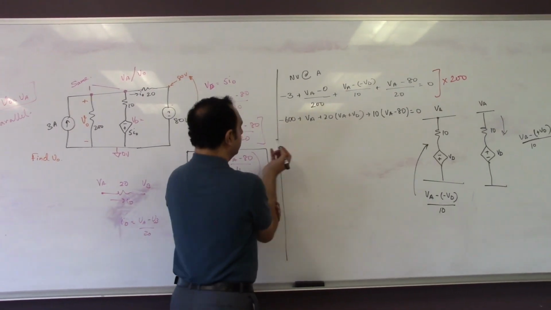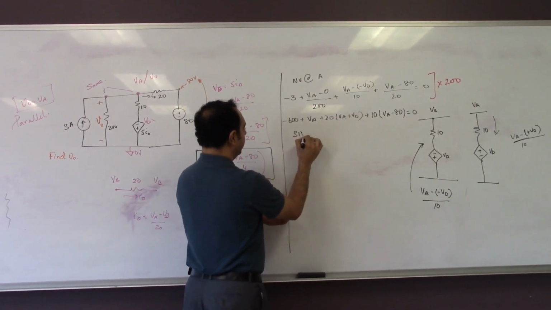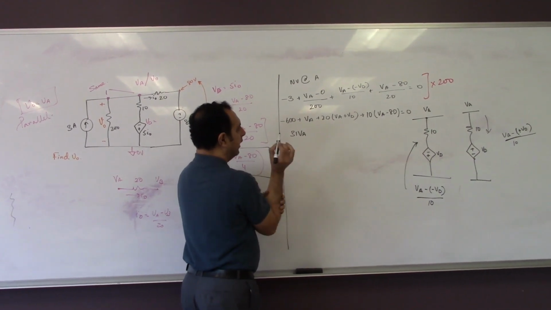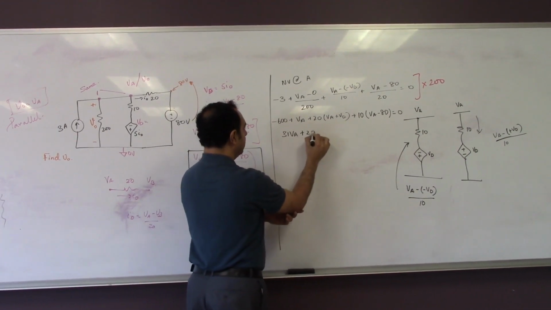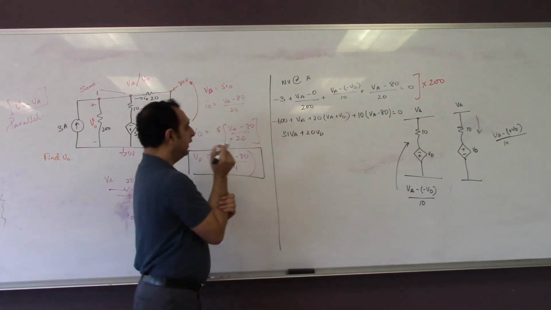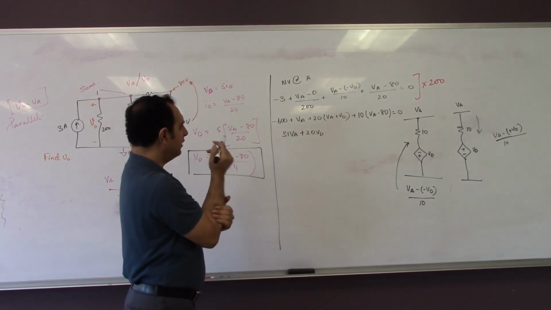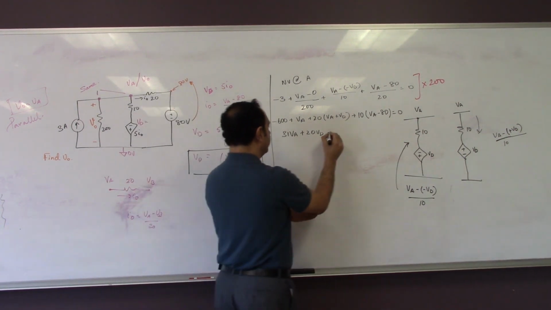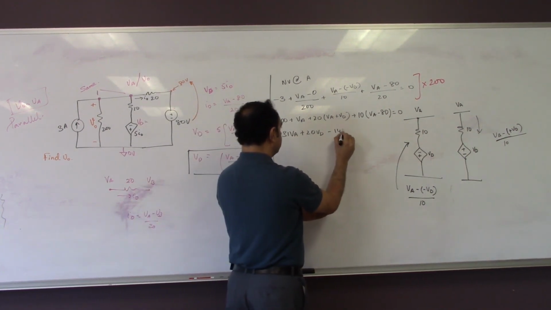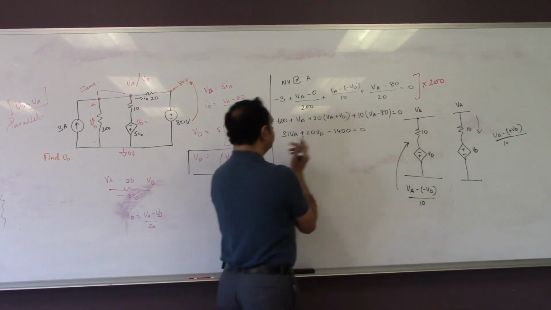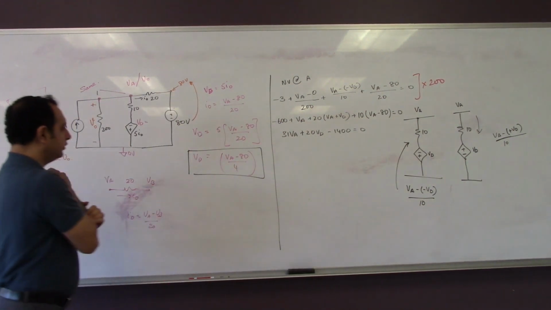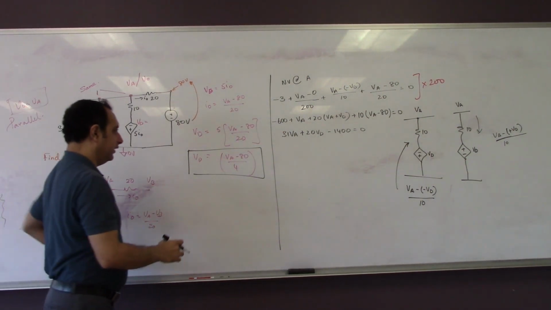So that will be equal to 31 VA plus 20 VD. Okay, and I have negative 800 and negative 600, so that will be negative 1400. Okay, so let's put back VD here and see what we get.